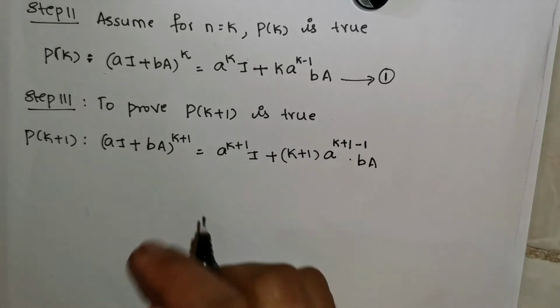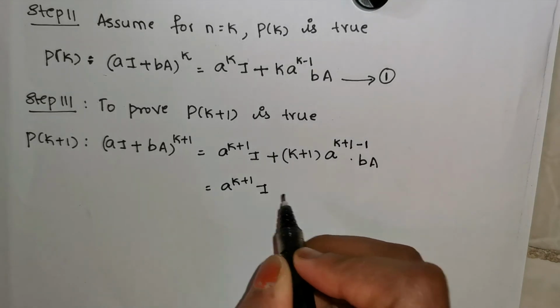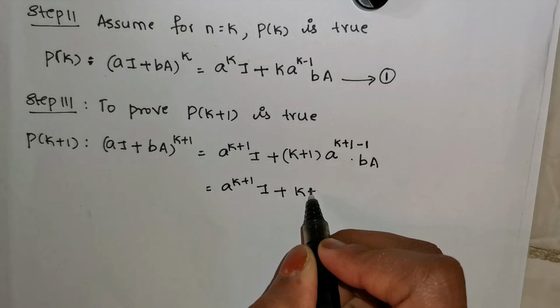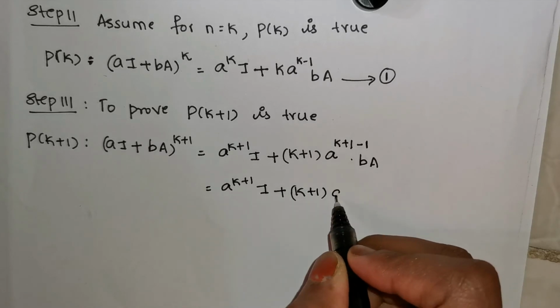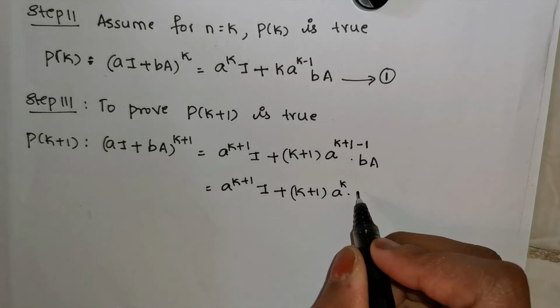So how will it come? a raised to k plus 1 i plus k plus 1 a raised to 1 minus 1, that is 0. So what is remaining? Only k ba.